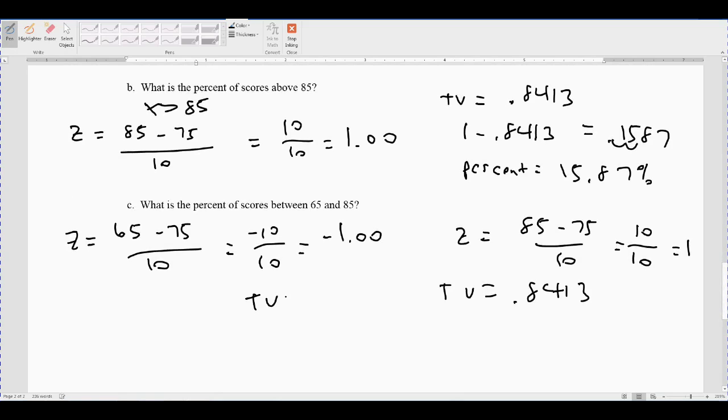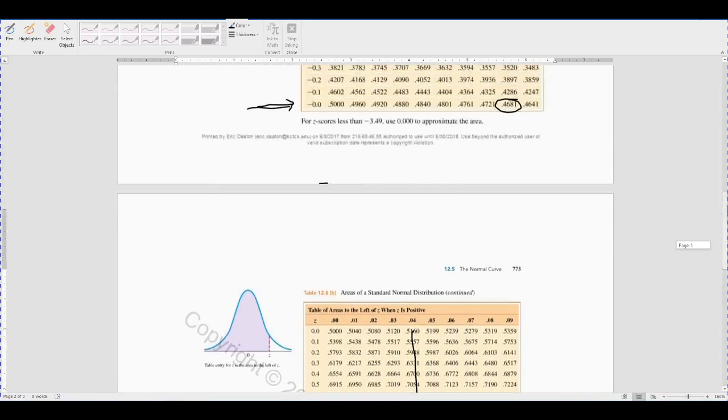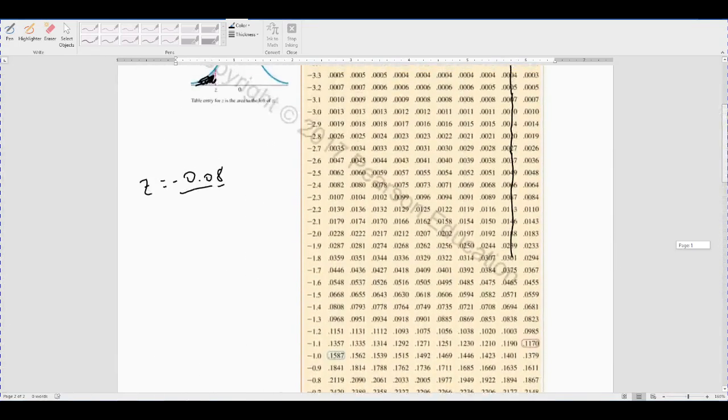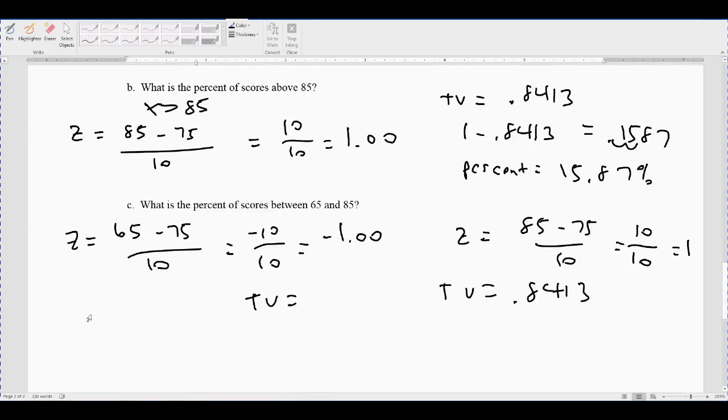So we've already done this for part B. So I need to find the table value for negative 1.00. Go back to the negatives. Negative 1.0, and then there's the second 0, so they converge at 0.1587.